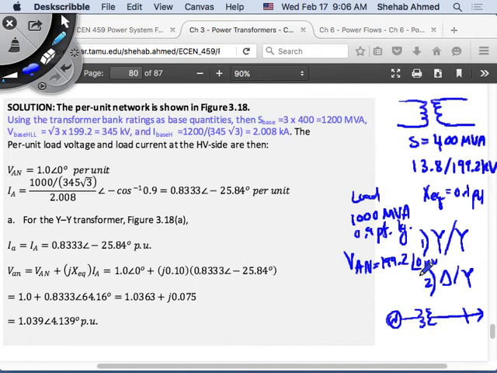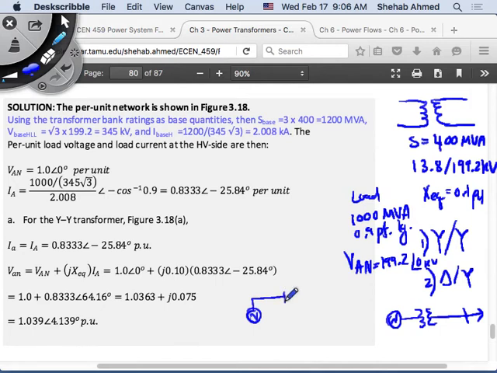So what's the equivalent circuit? Again, the single phase equivalent circuit. I don't have a source impedance. I have a source, and then a transformer. It's a star-star transformer, so I don't have any phase shift.